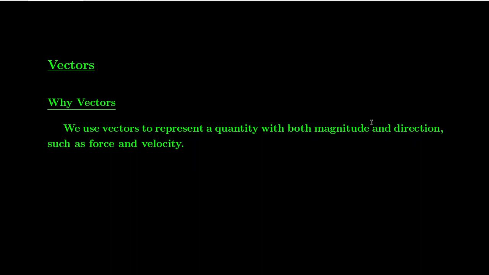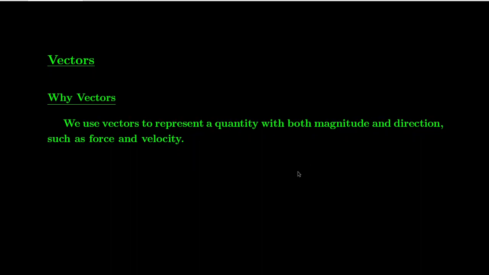Force also has a magnitude. You push it harder or lighter. In any case, in physics, we have many quantities with both magnitude and directions. So these things can easily be represented using vectors. Now I'll show you the definition of vectors.